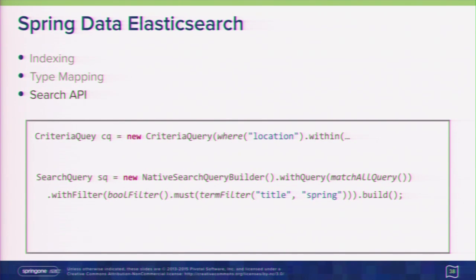You can define a Boolean filter with exactly the same terminology as you have within Elasticsearch in the web UI, as you saw when you construct the command. So it's a Boolean filter with a must, and then the terms must match Spring and what have you. So you have access to all the Elasticsearch capabilities via the native search query builder.